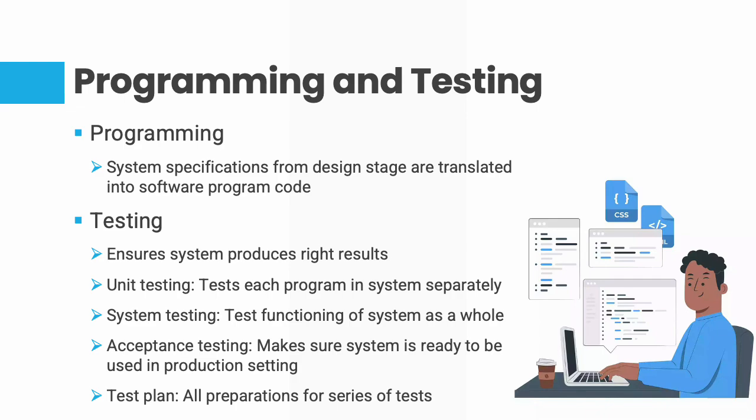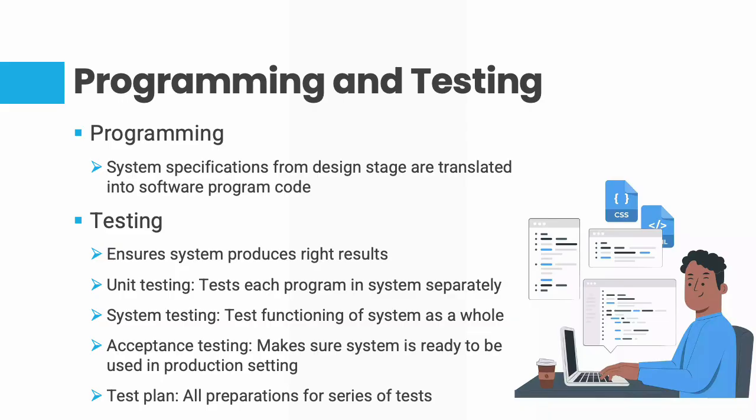Okay, next, after we finish the detailed design blueprint, the next step is to actually build the system and make sure it works properly. And this stage is called programming and testing. First, let's talk about programming.